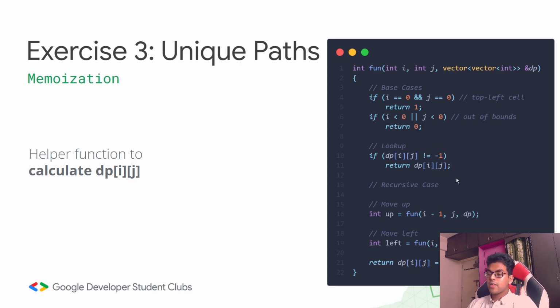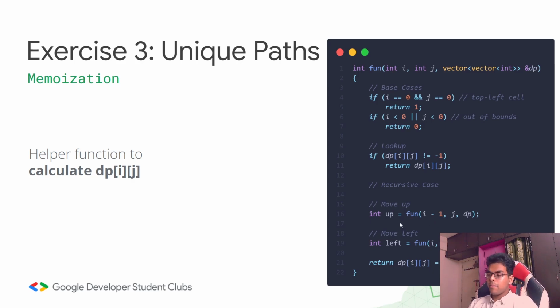Next up, coming to the recursive case, the current cell could have been reached from either up or left. Now in case it was reached from up, we find the number of unique paths to reach that upper cell, which is given by i minus 1, j. Suppose this is ij, i minus 1 being the immediate cell above, that is one row above.